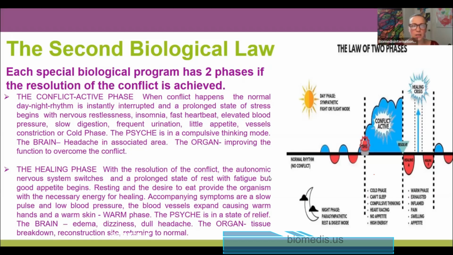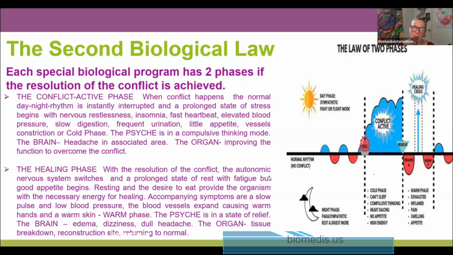Accompanying symptoms are a slow pulse, low blood pressure, sleepiness. The blood vessels start to expand, the body starts to get warm, hands get warm, feet get warm. They call it the warm phase. The psyche is in a state of relief.